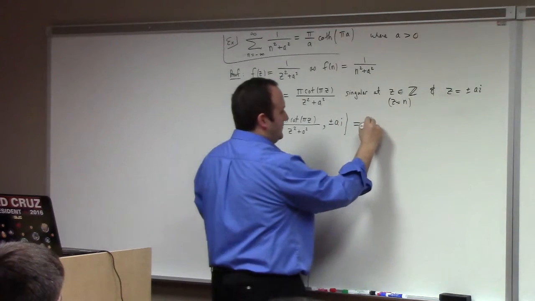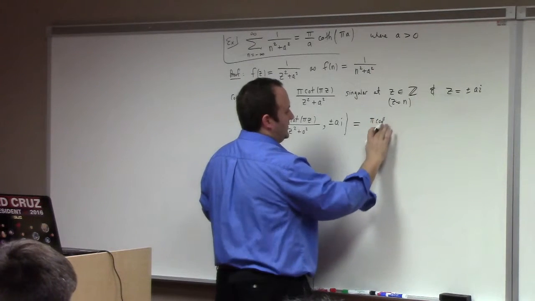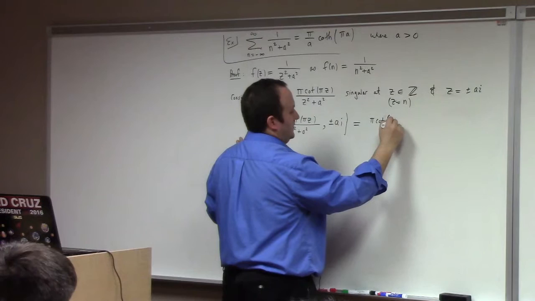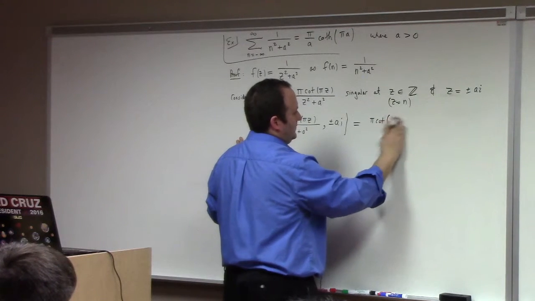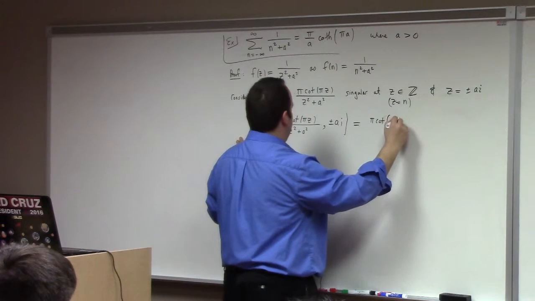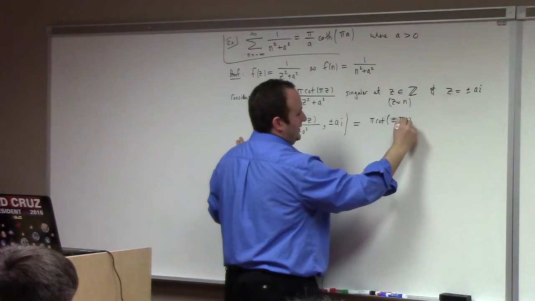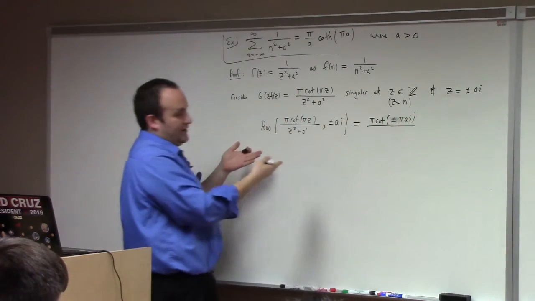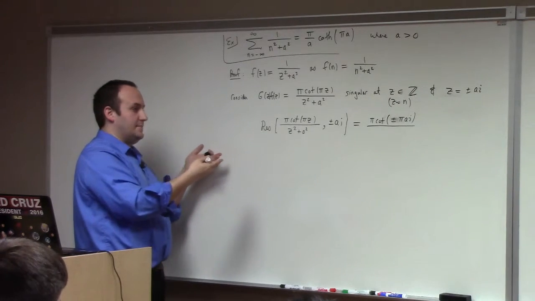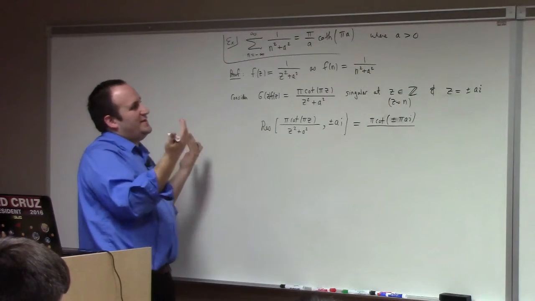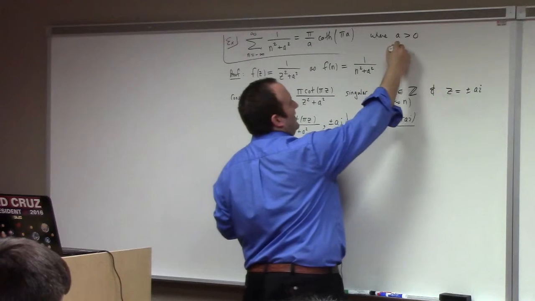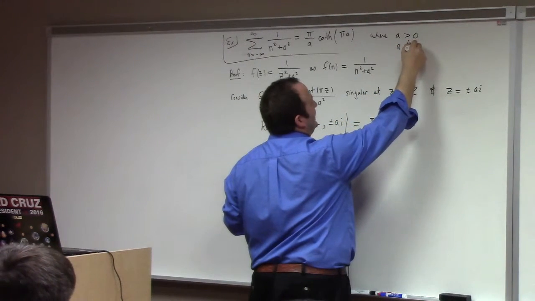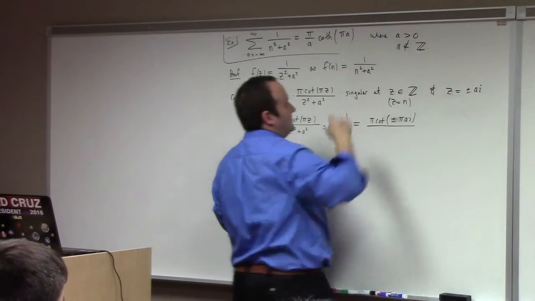It's pi cotangent of plus or minus pi ai. And then I can use rule 3 here because we're assuming that a is greater than 0 and a is not an integer.